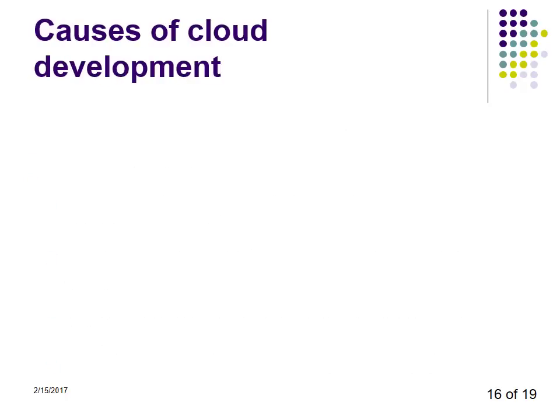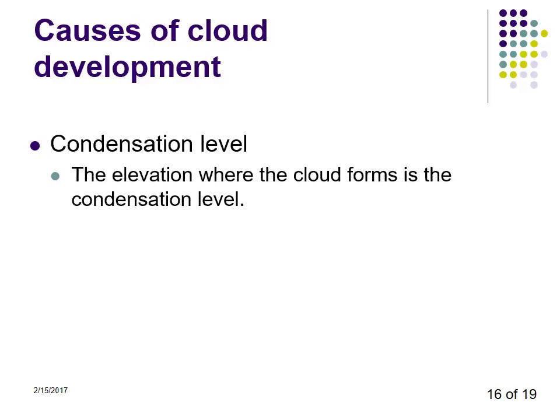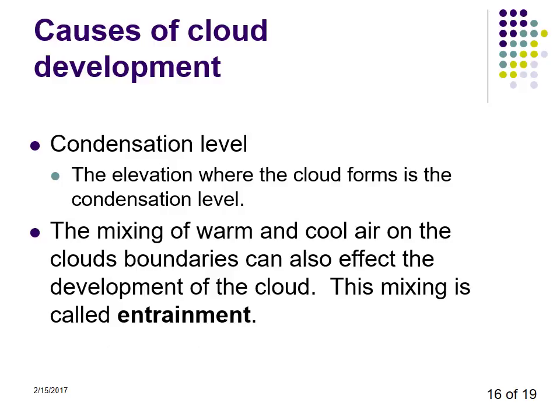Concepts about cloud development: one's called the condensation level. That is the elevation at which the cloud starts to form. There's another process that can happen when clouds form. There can be mixing of the warm and cool air on the boundaries of clouds, and that can also affect the cloud development. They call this mixing entrainment.